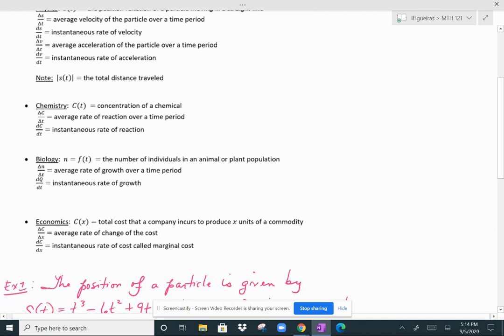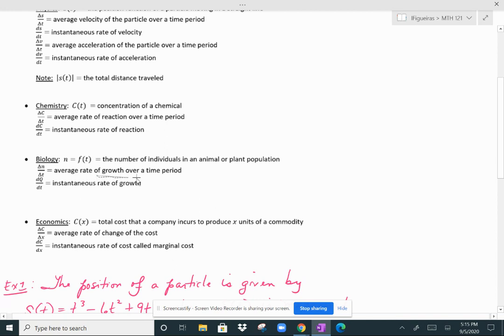Now we move on to an example in biology. Let's let n equal f of t. So again, it's a function of time, which represents the number of individuals in an animal or plant population. The change in n over the change in t will be the average growth over a time period.